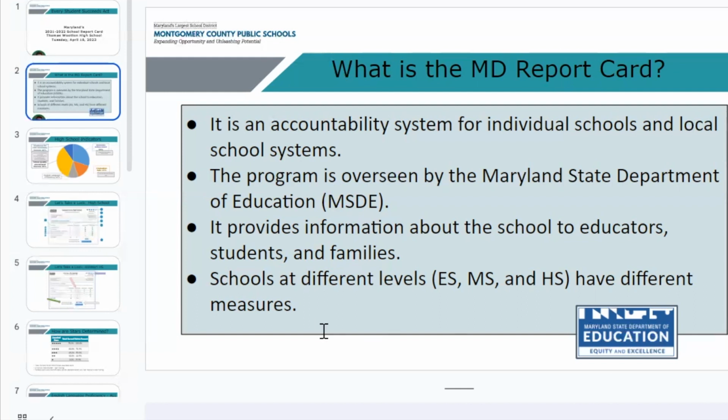The program is overseen by the Maryland State Department of Education, MSDE, and they set up all the criteria and ways in which the measures are applied for schools and school systems. The report card provides information that is usable for educators, students, and families.